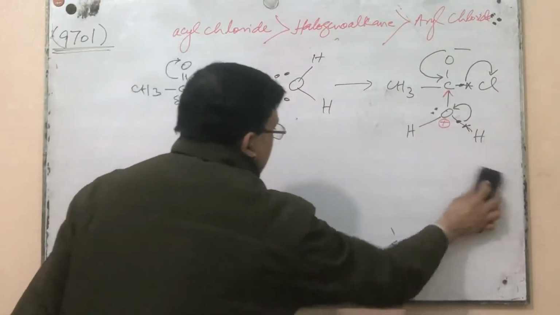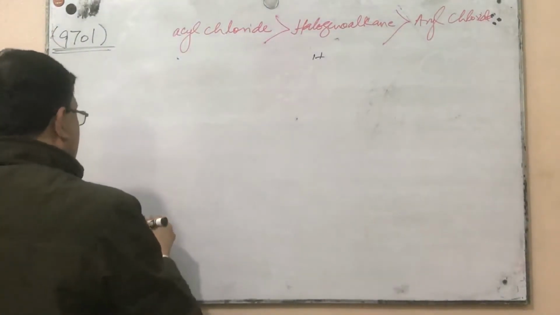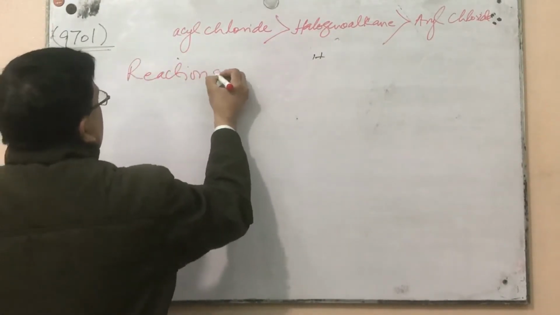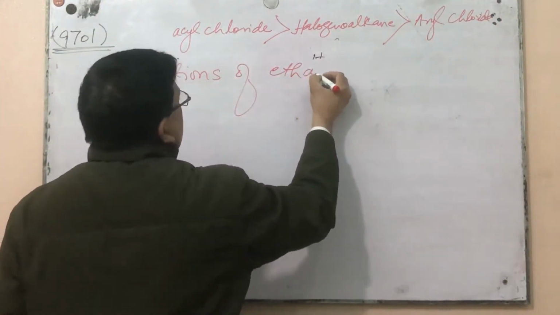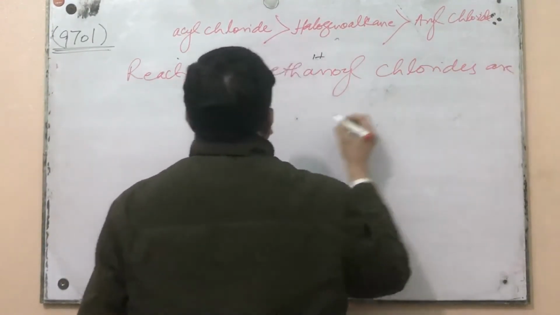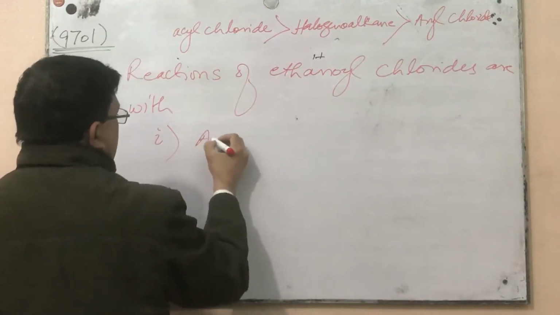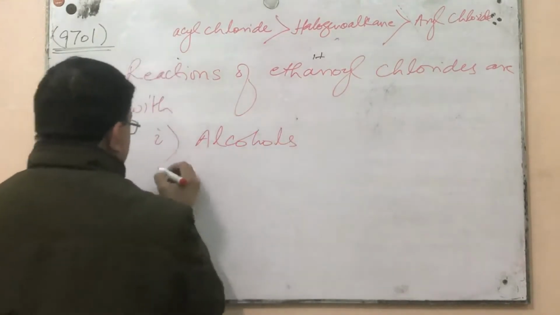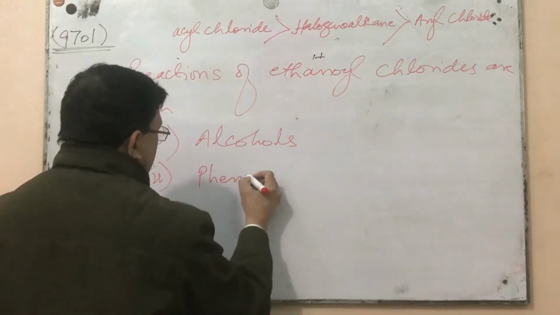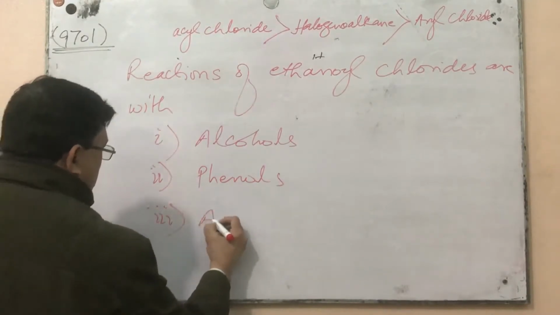Now, the other reactions of ethanoyl chlorides are, number one, with alcohols, second with phenols, or with amines.